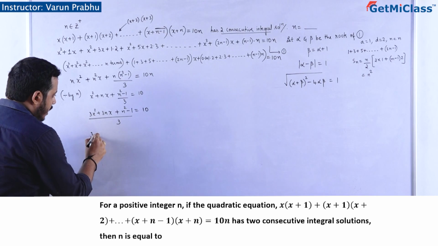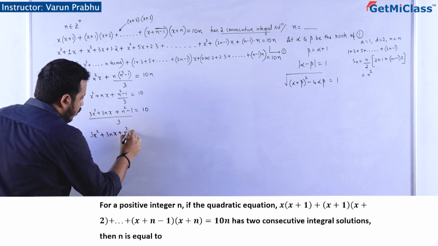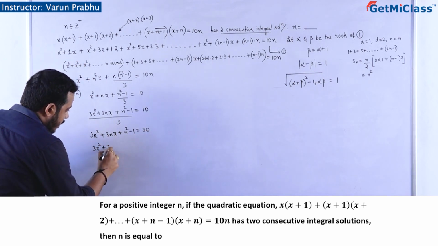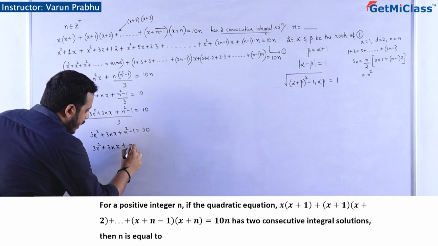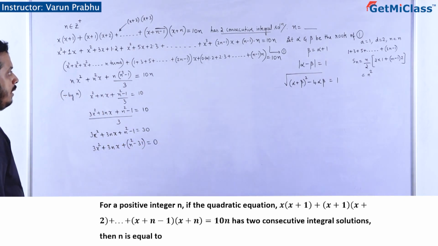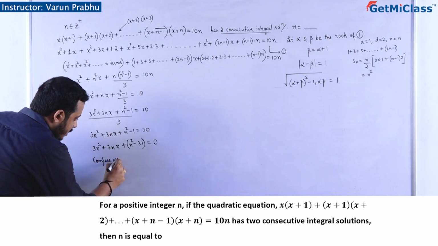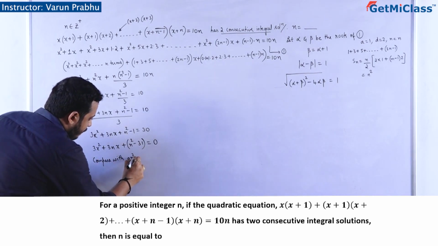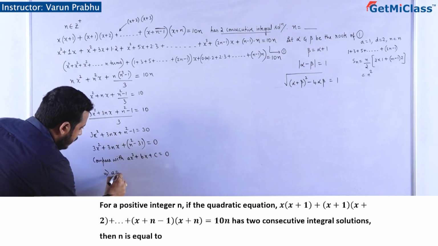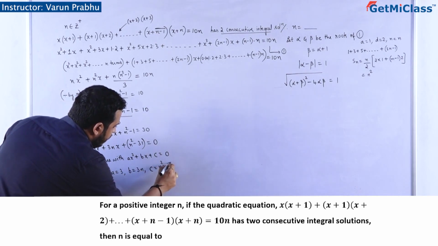So I can say 3x square plus 3nx plus n square minus 1 is equal to 30. So 3x square plus 3nx plus n square minus 31, that is equal to 0. Is that right? Compare with ax square plus bx plus c is equal to 0. This implies a is equal to 3, b is equal to 3n, c is equal to n square minus 31.